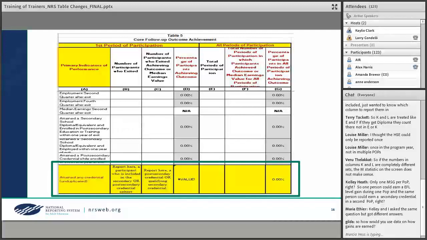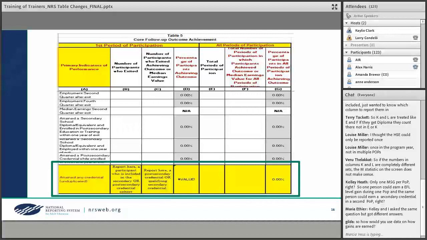So that's the old table. In the current Table 5, the counts are duplicated. What we wanted to do in that table was break out, particularly with the secondary diploma, remember, the student either has to enter post-secondary or get employed within 1 year of exit.